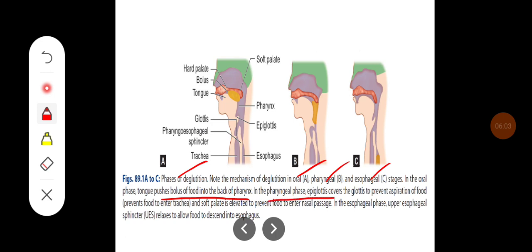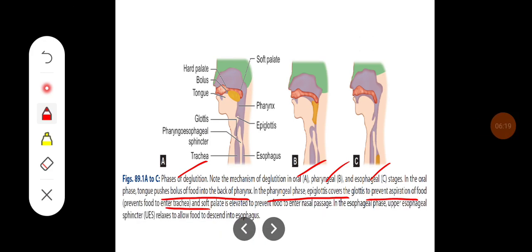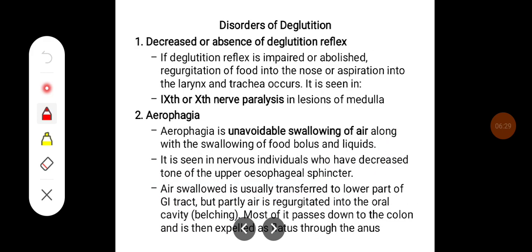In the pharyngeal phase, the epiglottis covers the glottis to prevent aspiration of the food, that is, it prevents the food from entering into the trachea, and the soft palate is elevated. In the esophageal stage, the upper esophageal sphincter relaxes to allow the food to descend into the esophagus.